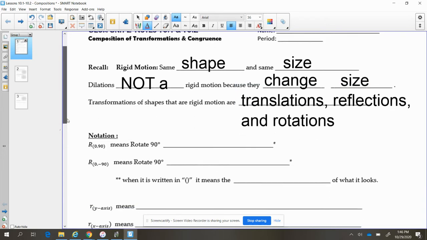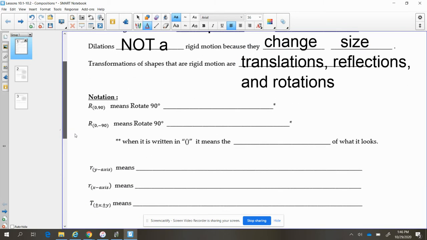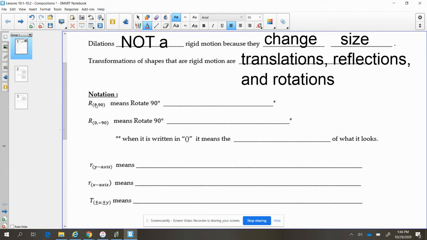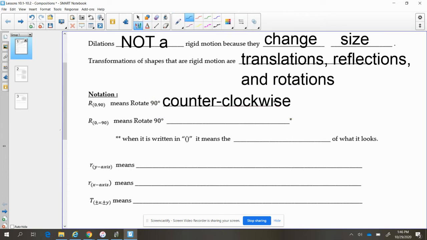Now, to review a little bit with rotations, reminder that a rotation 90 degrees, where the 90 inside of here is positive, is a little bit backwards from what we're probably thinking. This means that we have a counterclockwise rotation, which means that our figure would rotate to the left in our picture, versus when we have a negative 90 in that rotation notation.